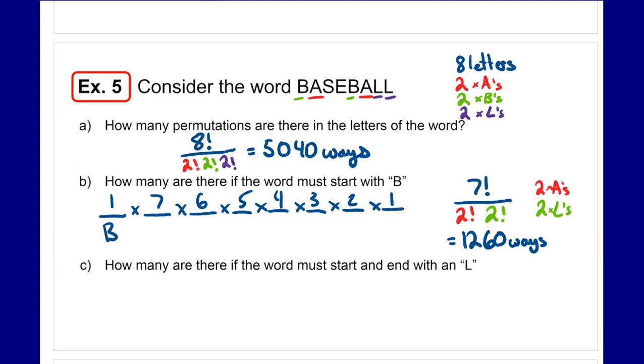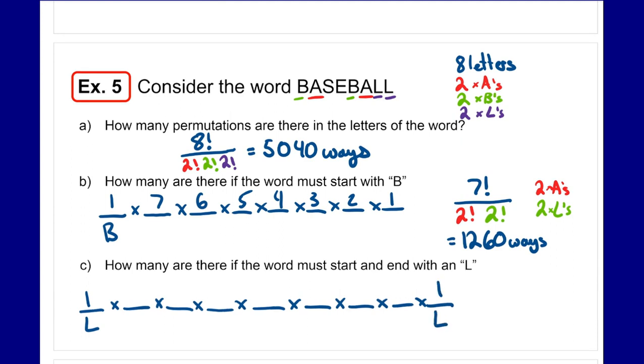Now, how many are there if the word must start and end with an L? Same idea. Let's look at how this would look assuming that all items are unique. So we have one L in the first spot, 1, 2, 3, 4, 5, 6, 7, 8, and one L in the last spot.